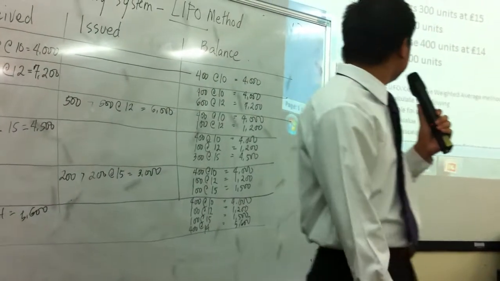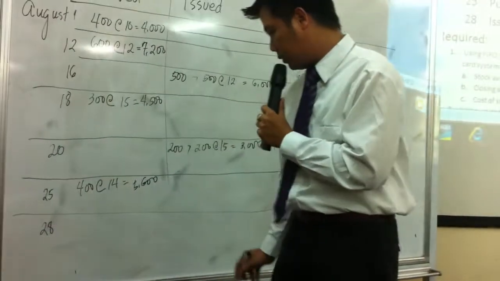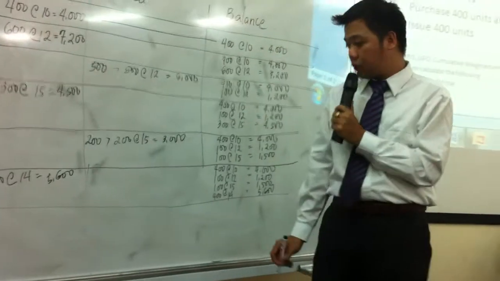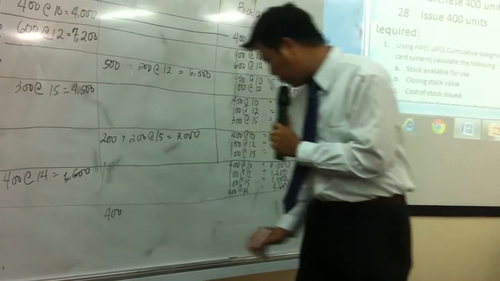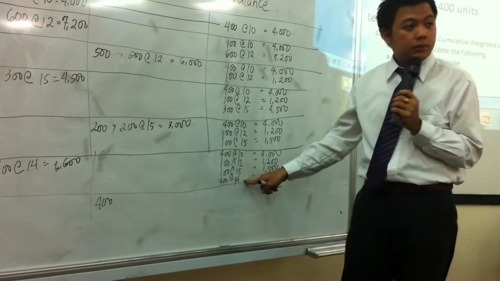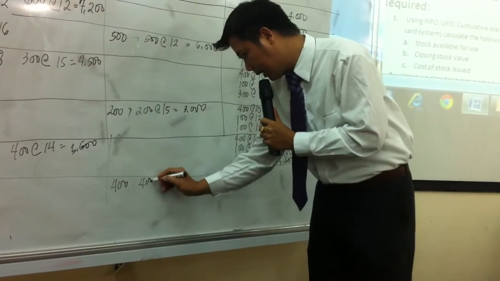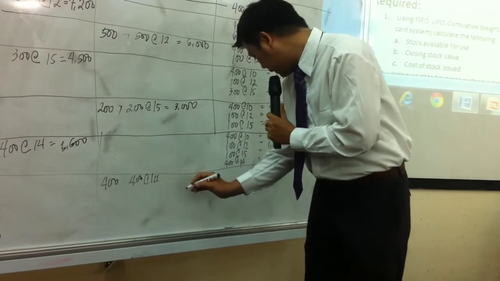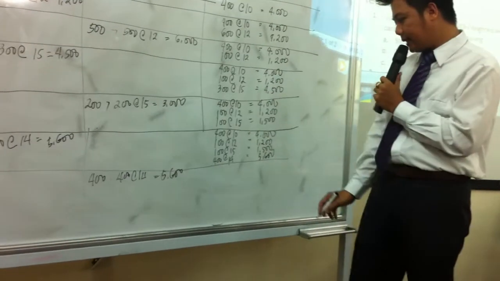Okay, and last one, finally, on the 28th, we issue how many units? 400. And our basis is the last one, okay? So that is 400 at 14 equals to 5,600.